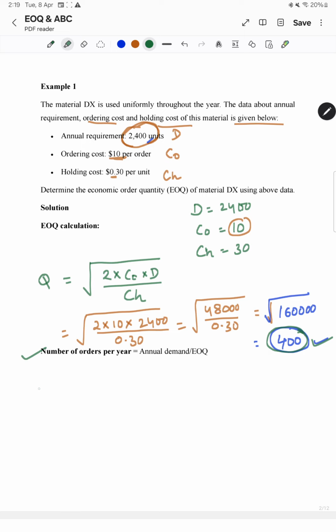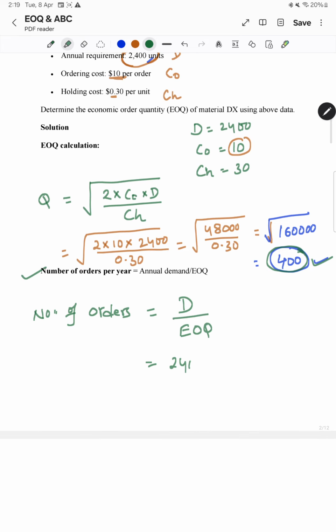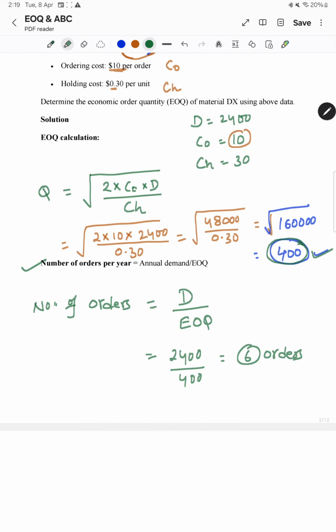The number of orders can be calculated by annual demand D divided by economic order quantity value. Here the total demand is 2400 divided by EOQ, 400. So if you cancel, 400 times 6, this means the company has to make 6 orders in a year.